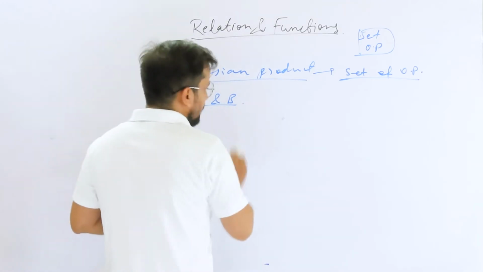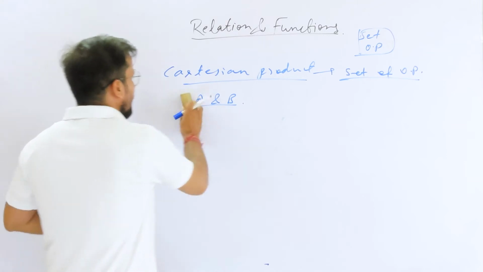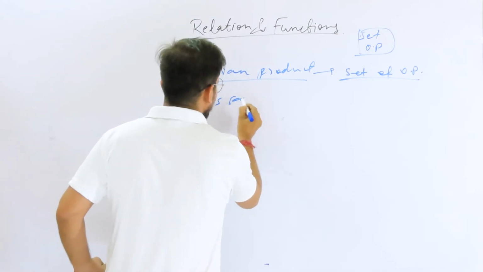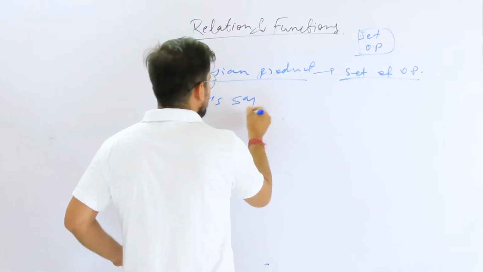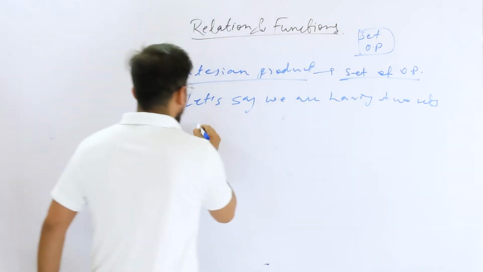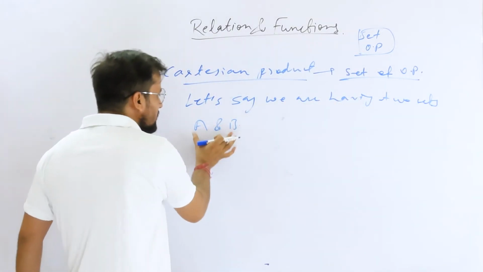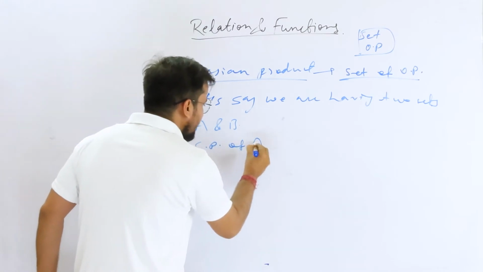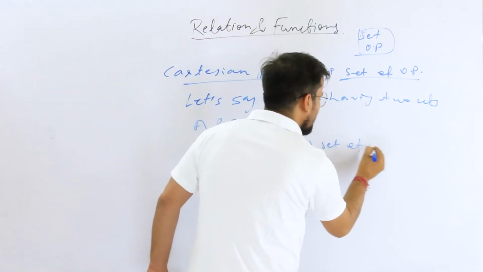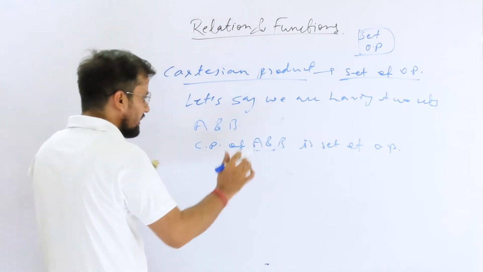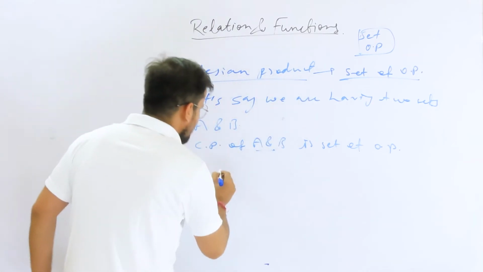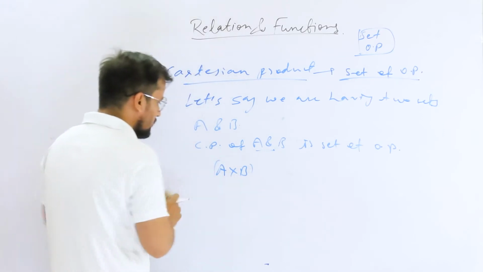The Cartesian product is represented like this: A cross B. This is the Cartesian product of A and B.